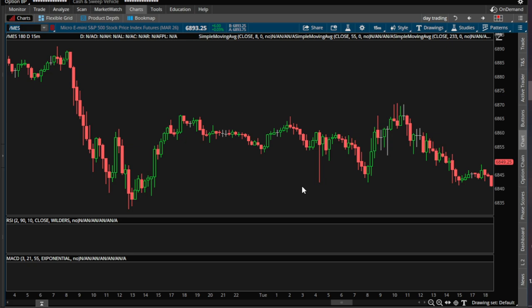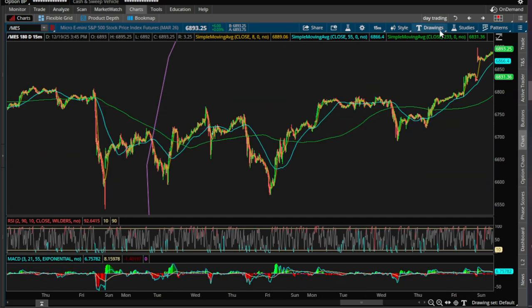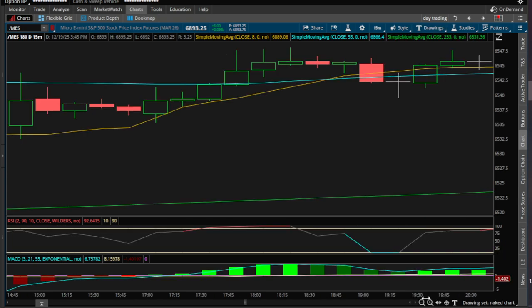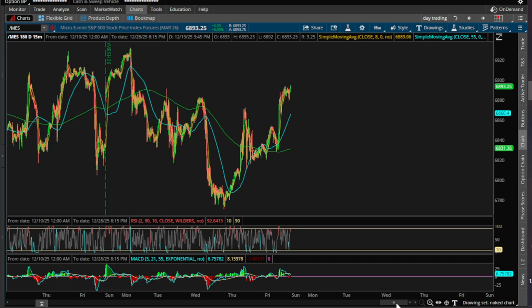Okay, still on a 15-minute time frame here. Let me pull up a default chart. Computer's taking a while here to adjust. All right, here we are.